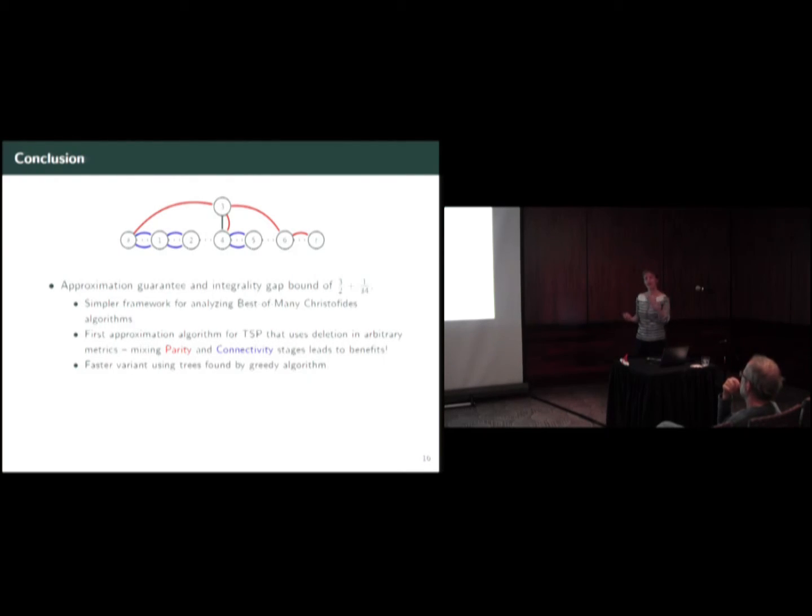One last thing is that we also show in the paper that you don't actually need to compute the Gottschalk-Wiegen decomposition. You can use a set of trees computed by a greedy algorithm and still get the same result. Okay, and then of course the open question that's obvious here is let's get rid of that last 1/34 from the approximation ratio. Thank you very much.